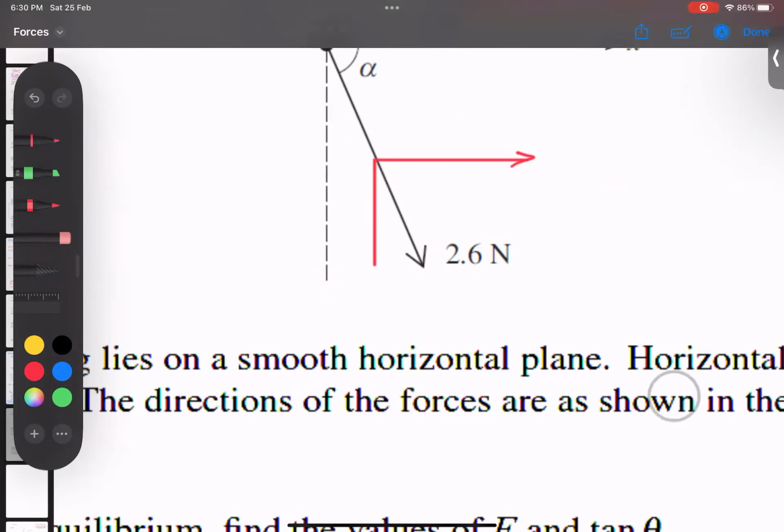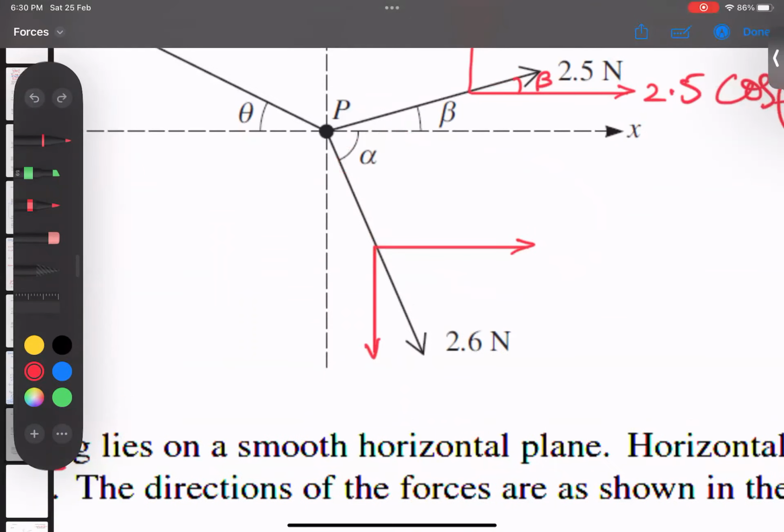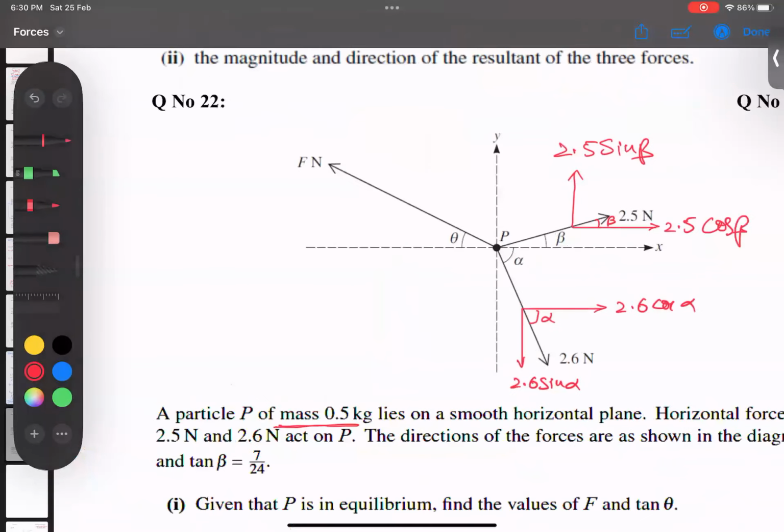So I hope all of you are understanding. And this is alpha, so this is alpha as well. Where the angle is given, this is called the cos component. So 2.6 cos alpha, and this is 2.6 sine alpha. I believe you got the point.